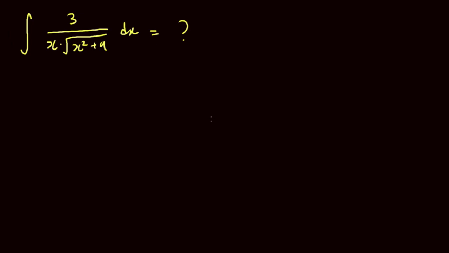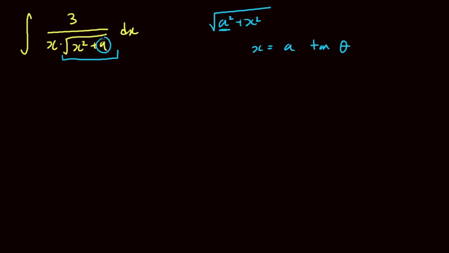Assuming that you've given it a shot, let's try to solve this together by trig substitution. First things first, let's recognize the form. We have the square root of x squared plus 9, which is in the form a squared plus x squared, and we take x to be a tan theta. Here, a squared is 9, so a is clearly 3.